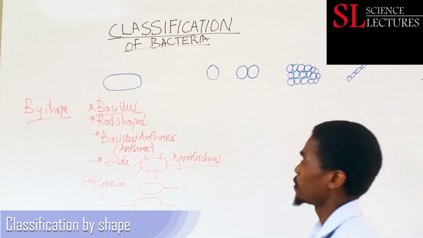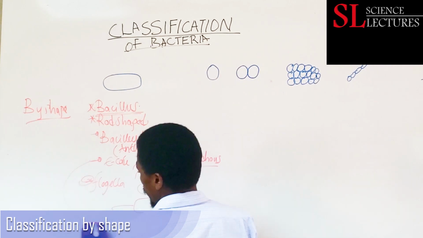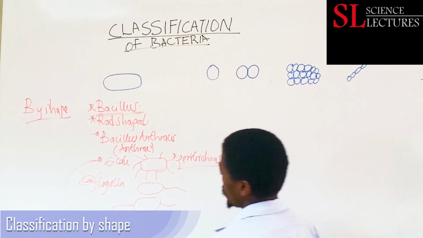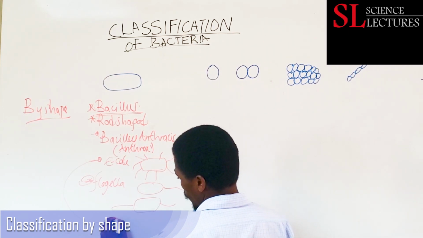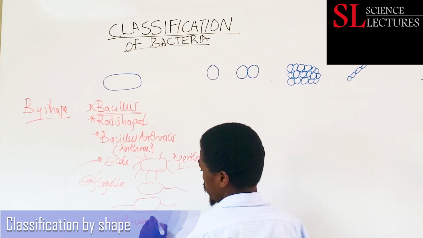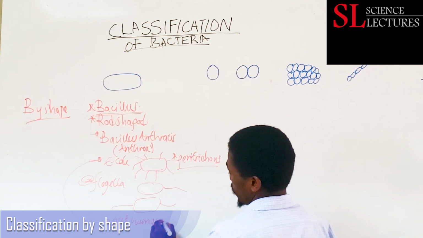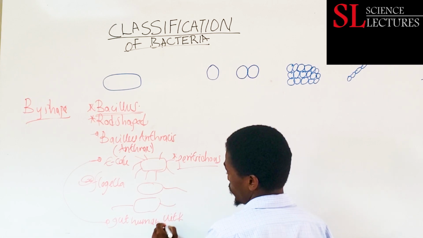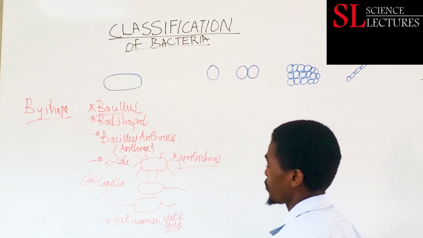E. coli is very important within our ecosystem, because we find it in the human gut, where it synthesizes vitamin K and B vitamins, which are very essential for our survival.